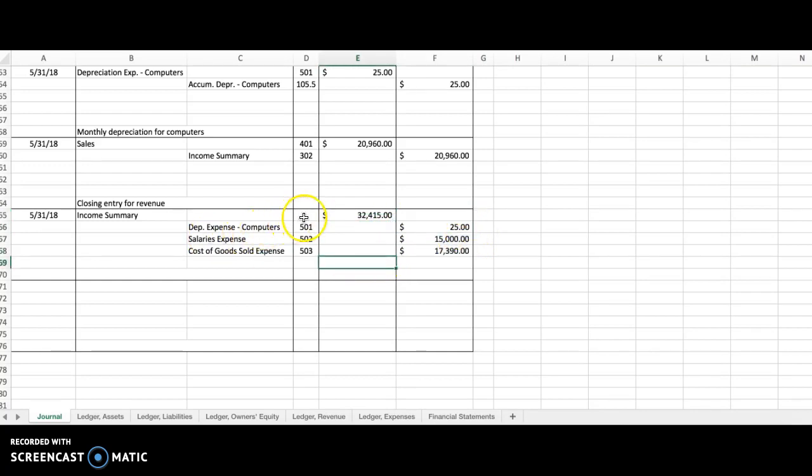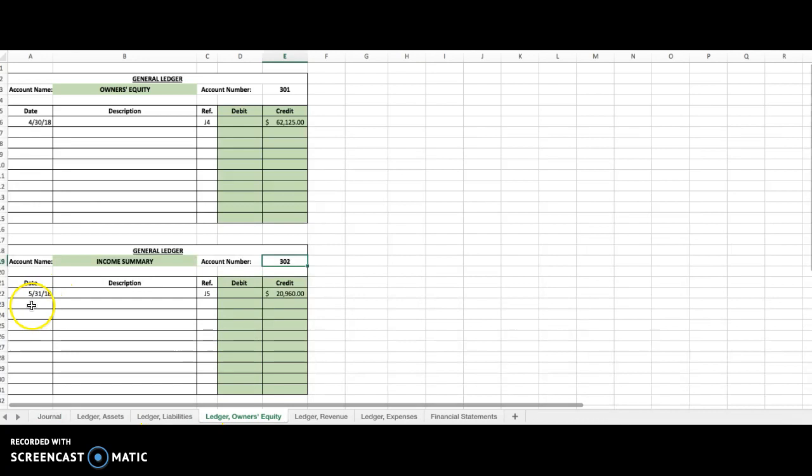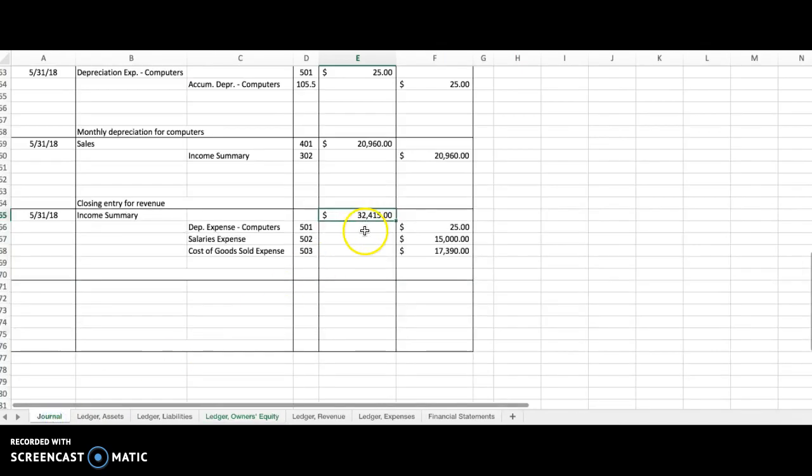So now one debit and three credits in the same entry equal. So this time I need to go to the income summary and debit by $32,415, journal page 5, and this is account 302.